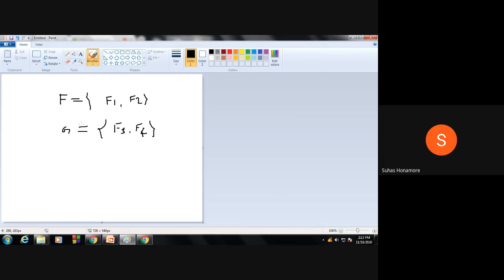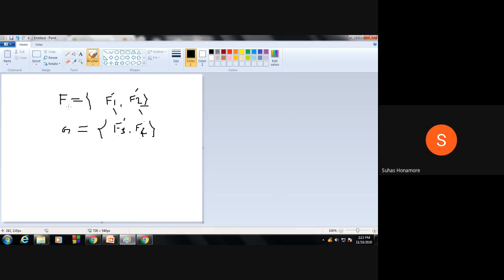Both are equivalent if from F, I can apply the inference rules on these two FDs and derive F3 and F4. And the same or different inference rules I can apply on F3 and F4 and get F1 and F2. If I am able to get it, both are equivalent.